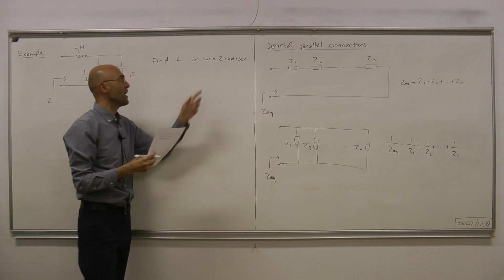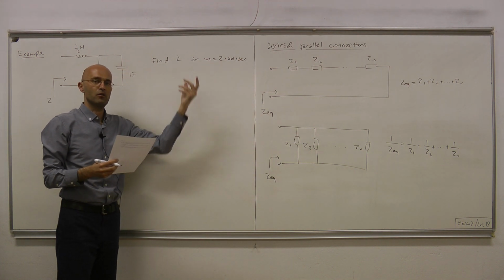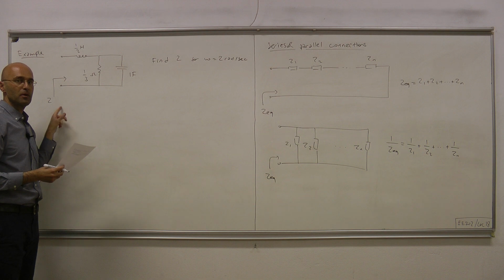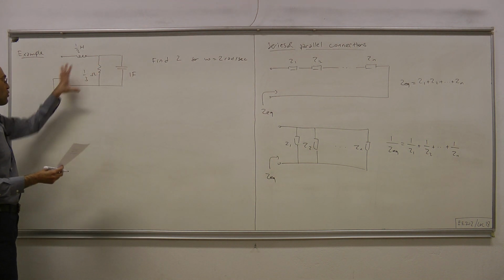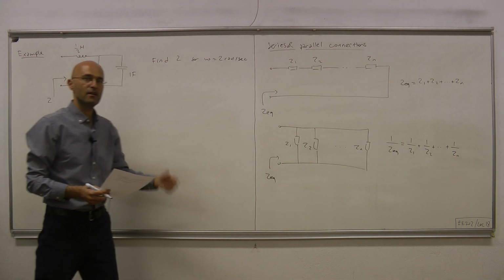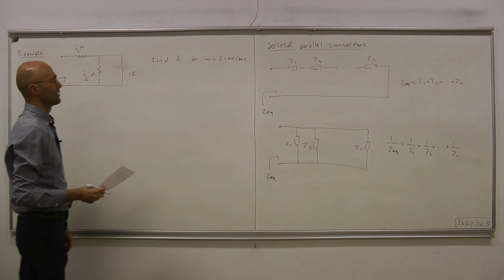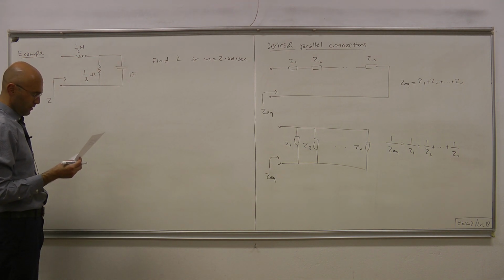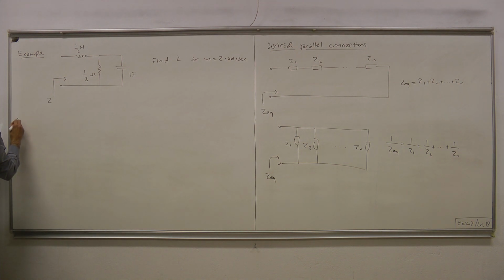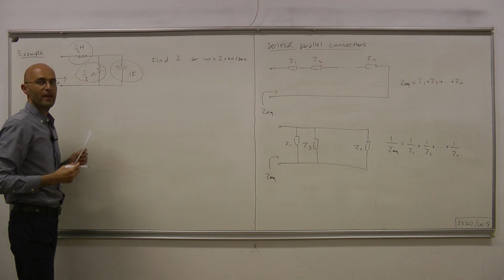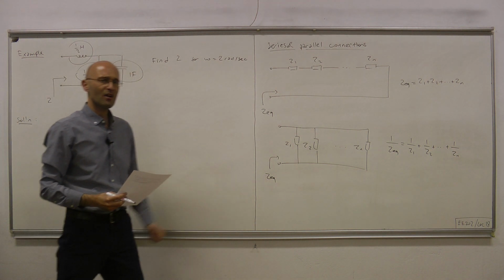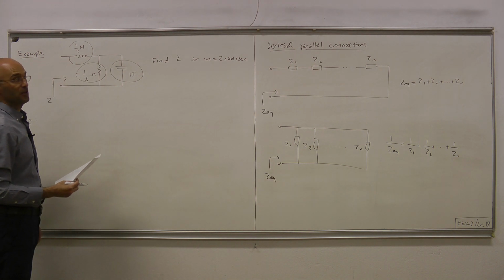Note that we have to have omega information. Otherwise, we cannot figure out Z, because Z is a function of omega, unless your one-port contains only LTI resistors. So here is the solution. We're going to replace each of these components with its impedance.